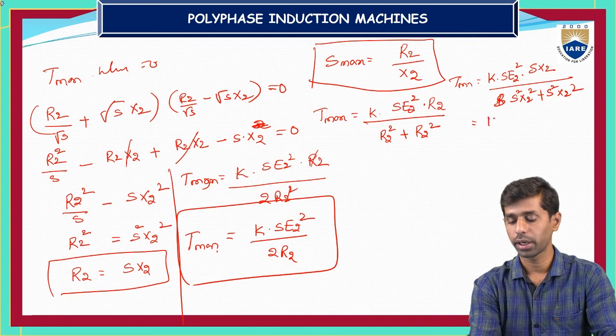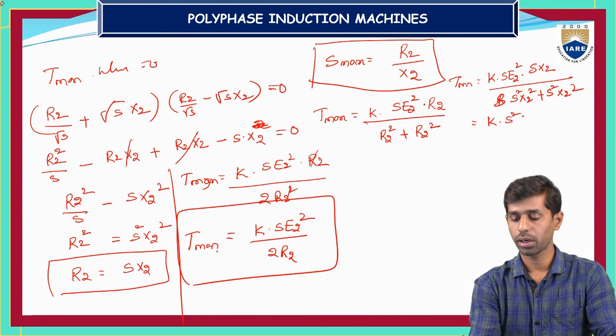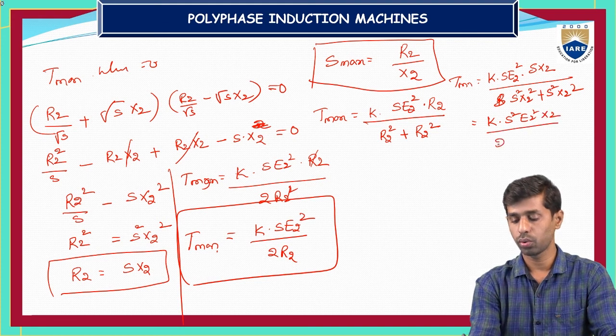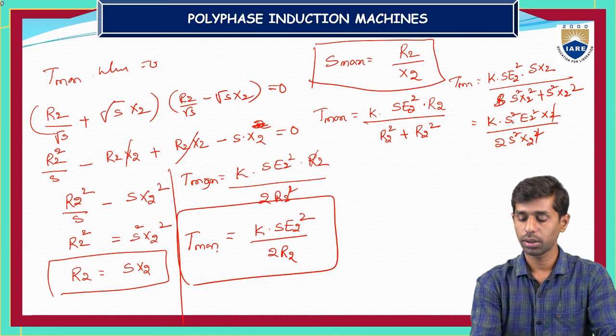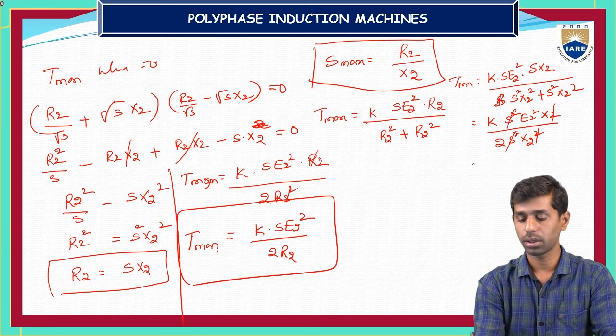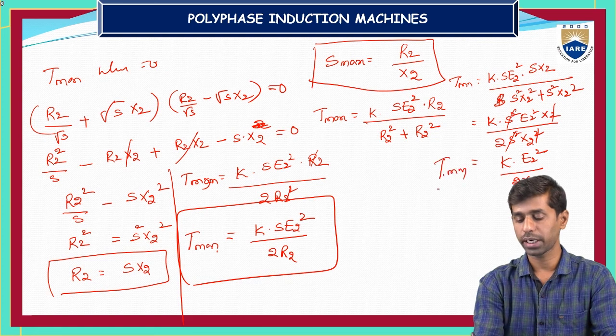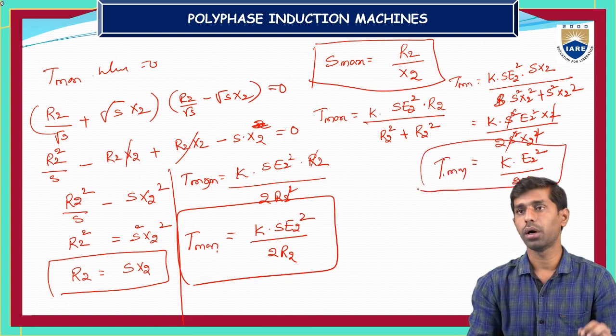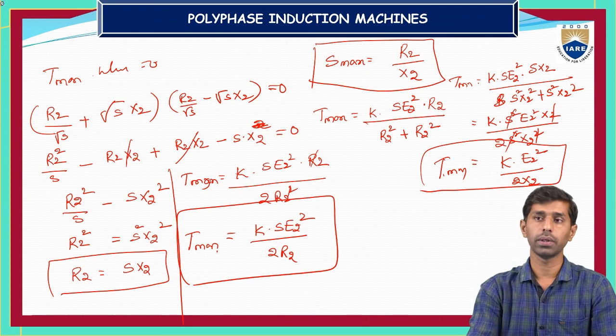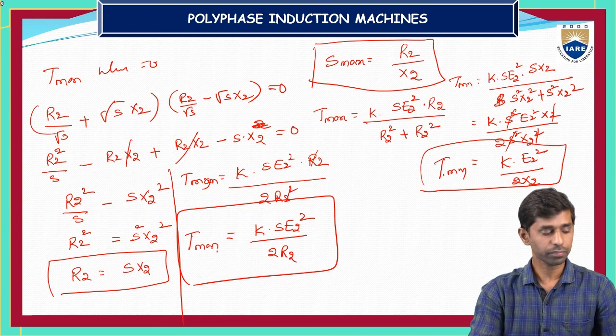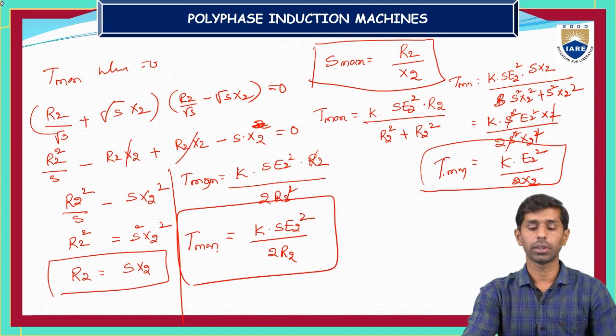So we have K times S square E2 square X2 by 2 S square X2 square. Here X2 cancels and S square and S square cancel. We get K times E2 square by 2 X2. It is another expression for maximum torque, obtained when you substitute R2 by S times X2.